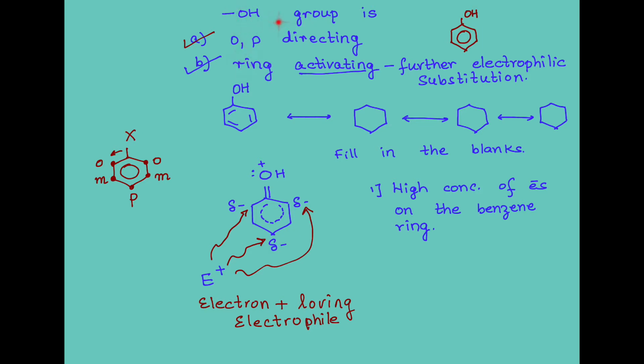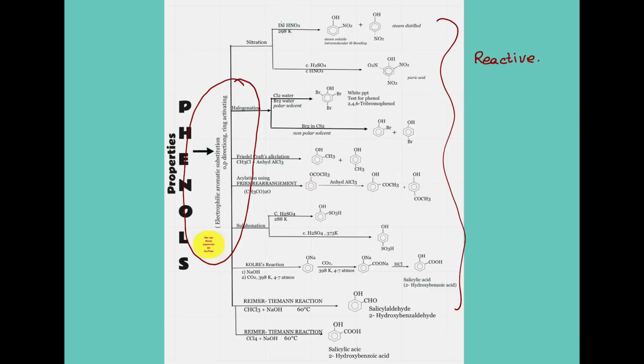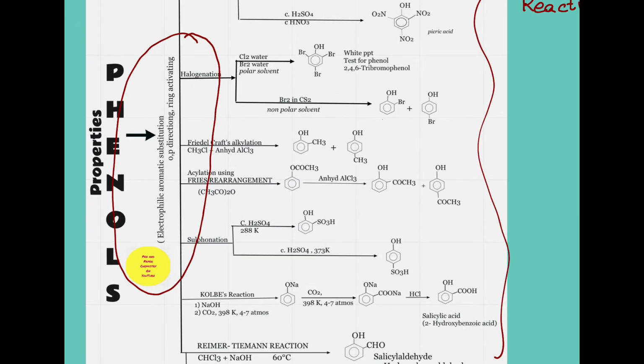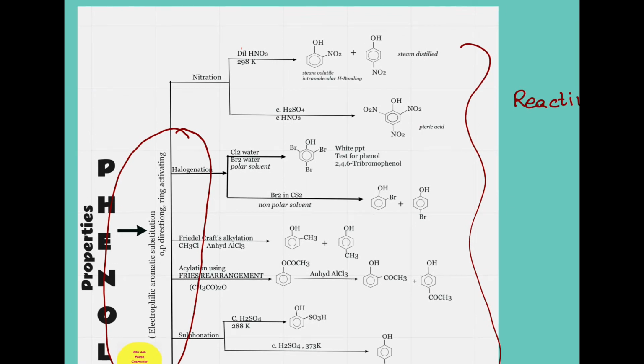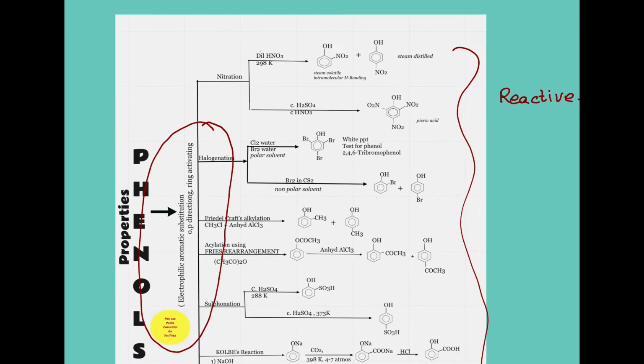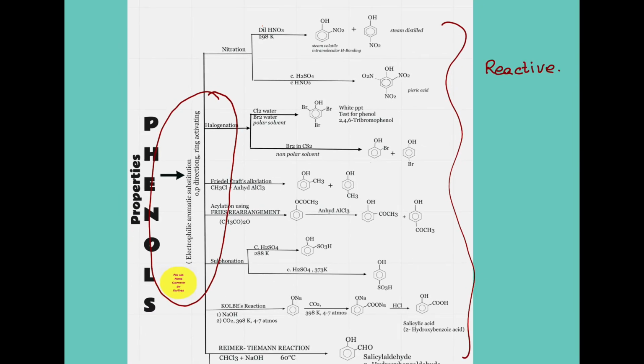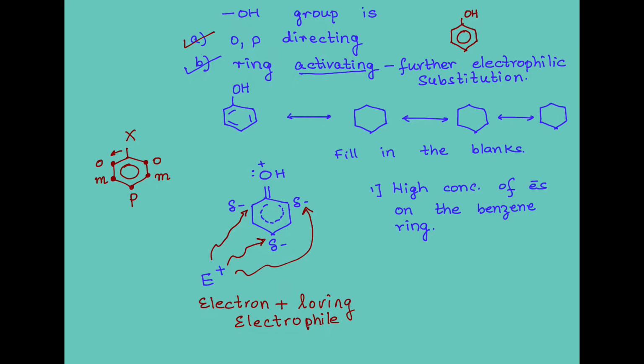So we notice that in the presence of the OH group on the benzene ring, there are many reactions wherein the substitution takes place at the ortho and the para positions, but there are reactions where substitution takes place at all the 3 positions, that is, both ortho positions and the para position. The OH group is so highly activating because it is releasing electrons towards the benzene ring, right?